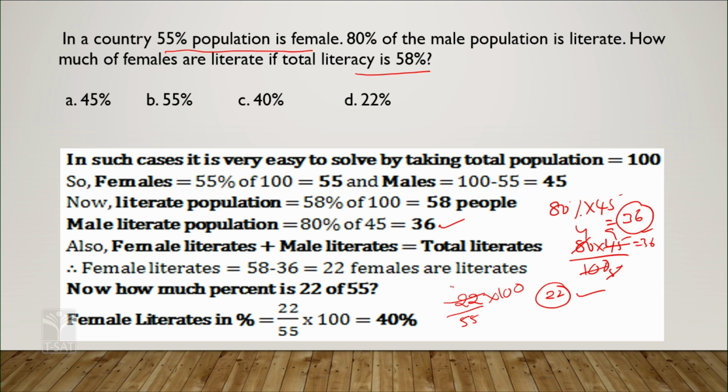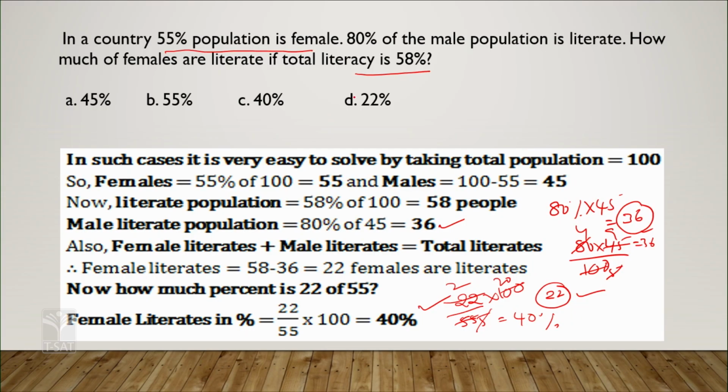As you know, 11 2s are 22, 11 5s are 55, so it is 40%. Means 40% of females are literate. See, there is a possibility most of you make the mistake here, as 22% is given.